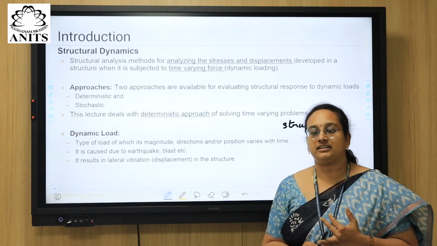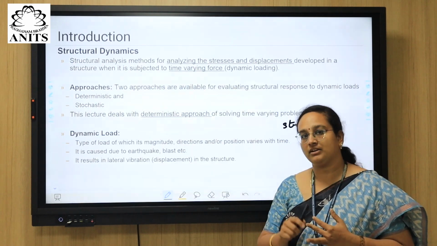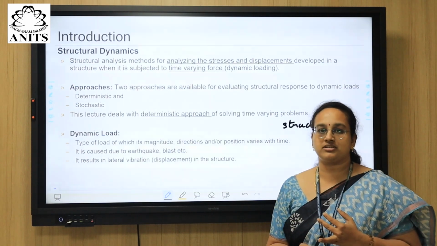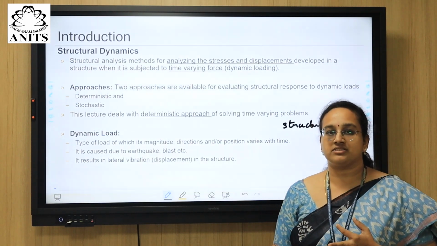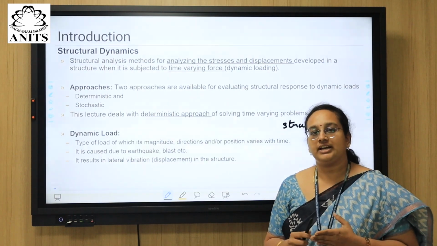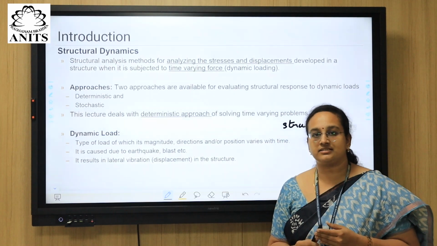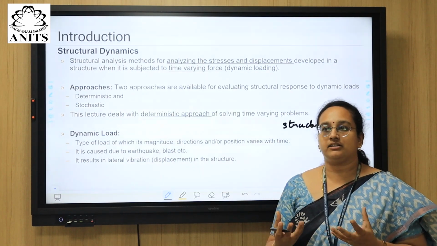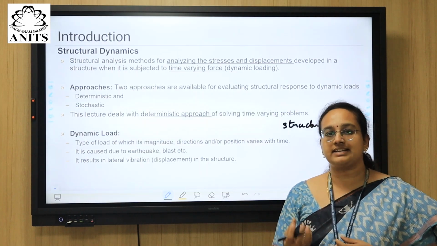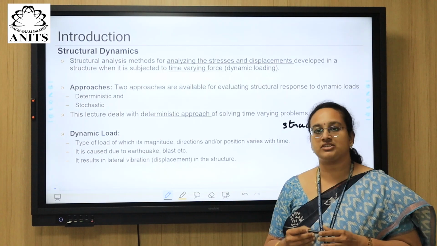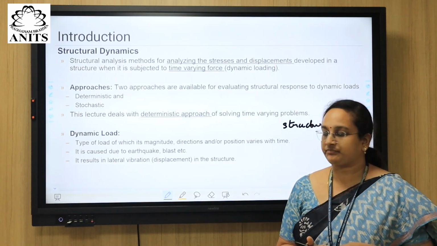It is unlike any other static force which we apply in the whole of structural analysis, whether it is through slope deflection equations or moment distribution equations or Kani's method, whatever we use. Everywhere we are accustomed to not time dependent forces, they are static forces. Now in this lecture we will deal only with the dynamic forces which are varying every time with time.